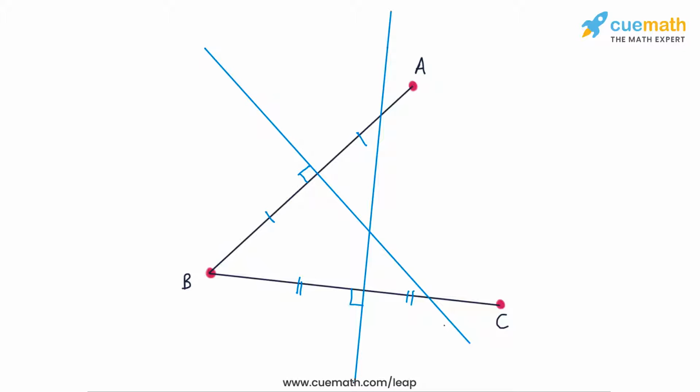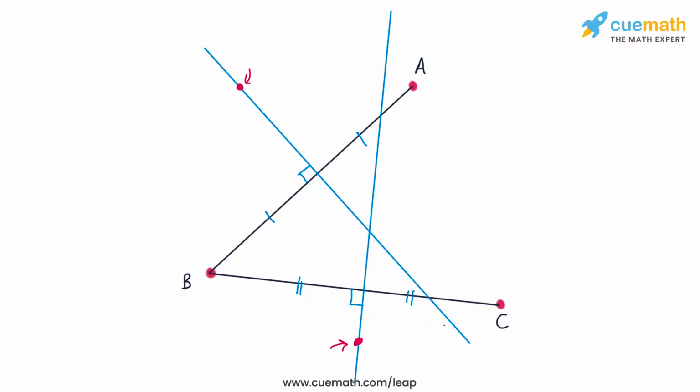Now why did we do this? Well, because if we take any point on the first perpendicular bisector, let's say any point on this first line, it will be at the same distance from A and B, because this line is the perpendicular bisector of AB. Similarly, if I take any point on the second perpendicular bisector, let's take this point here, this will be at the same distance from B and C because it lies on the perpendicular bisector of BC.